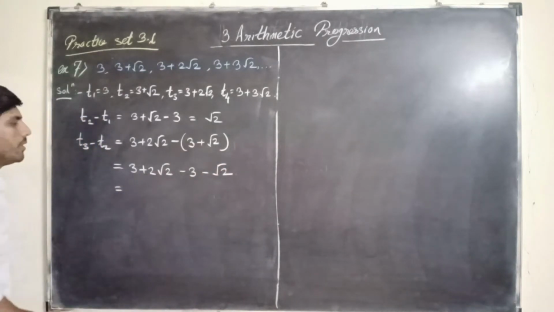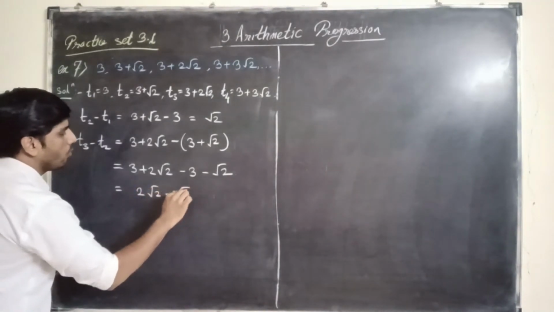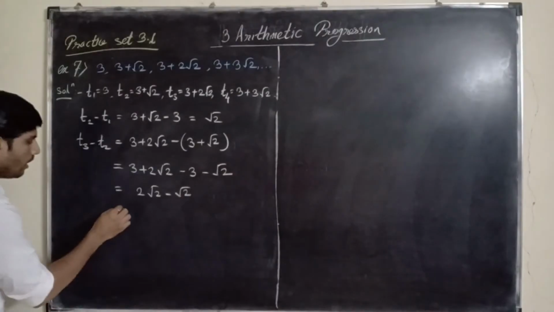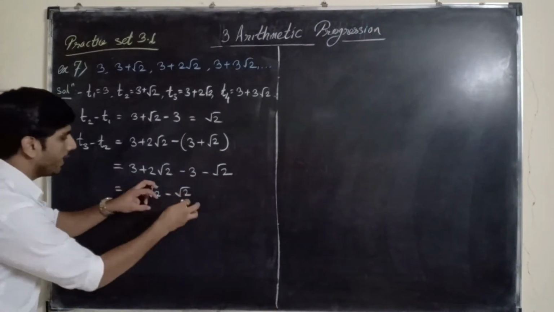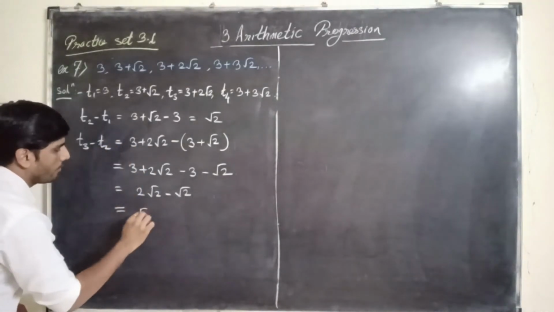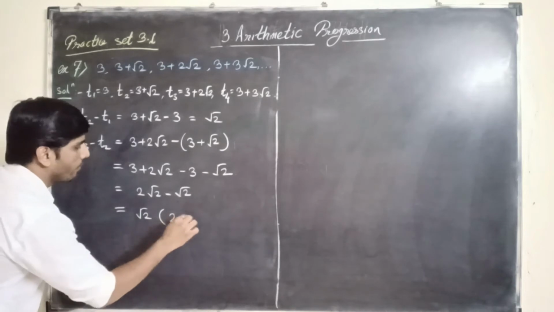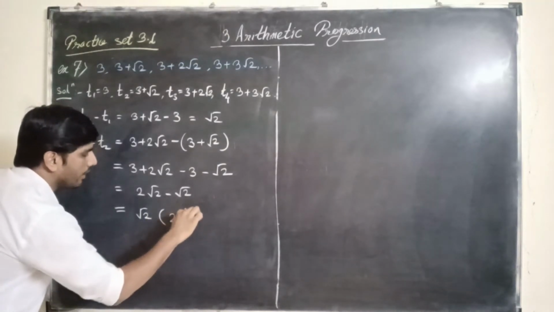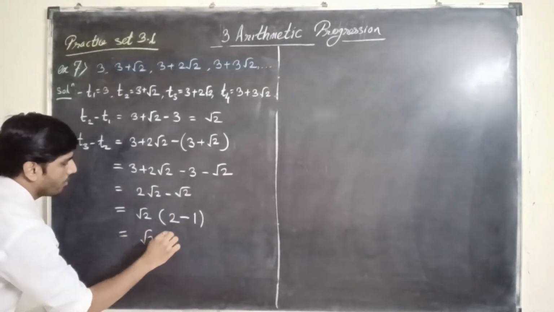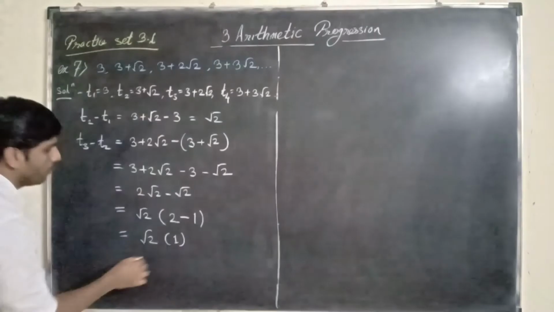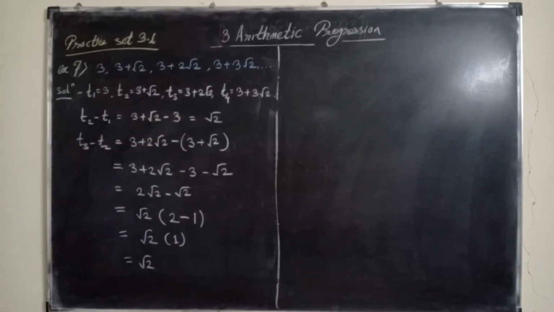So 3 minus 3 again will be 0 and the remaining terms are 2 root 2 minus 1 root 2. If nothing is multiplying to that number, then always 1 is there. So we can take root 2 common from both numbers. What numbers will remain in the bracket? 2 and 1. So 2 minus 1 will become 1, and 1 into root 2 will become root 2 again. So again we are getting the same number.